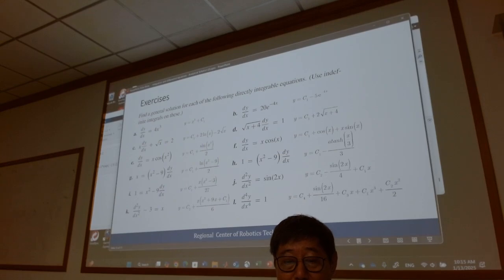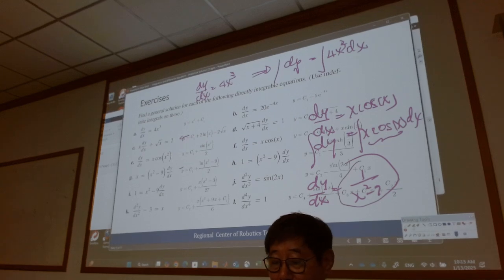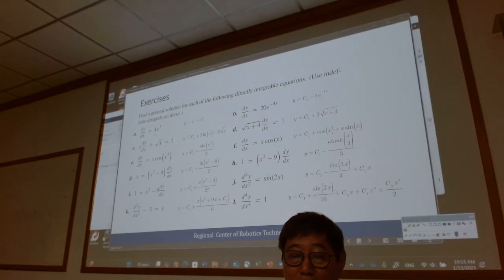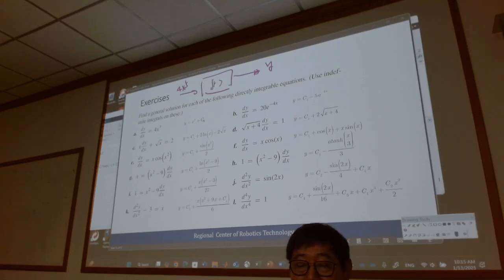You see you have this one. If you consider it like a system, you say you have an input, you have output y, you have 4x squared. You integrate this one and you have y, right?